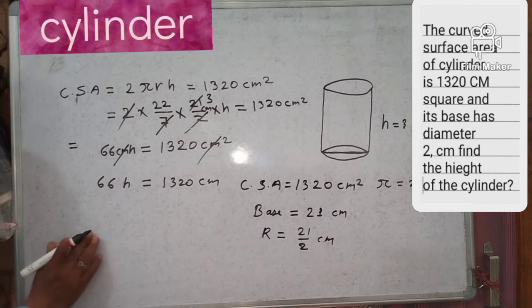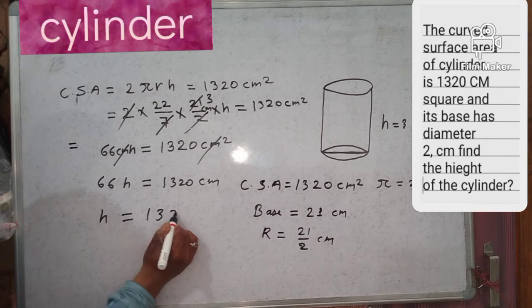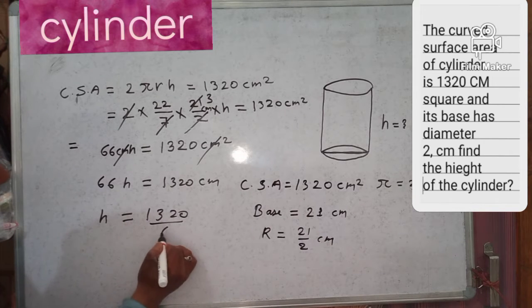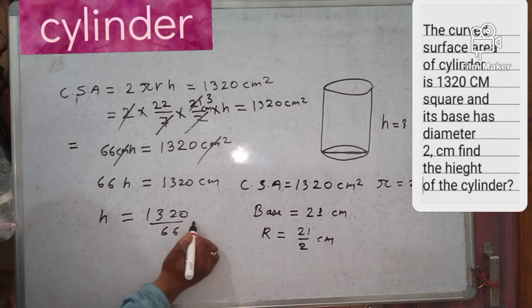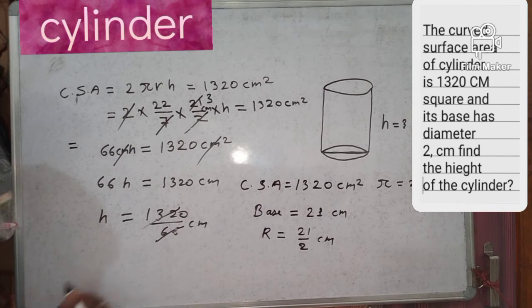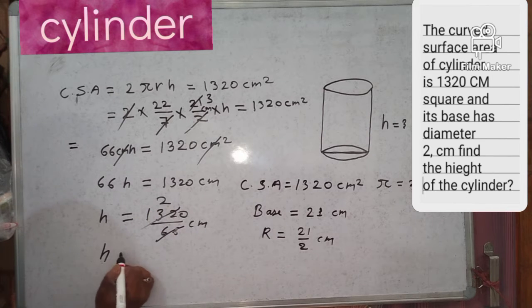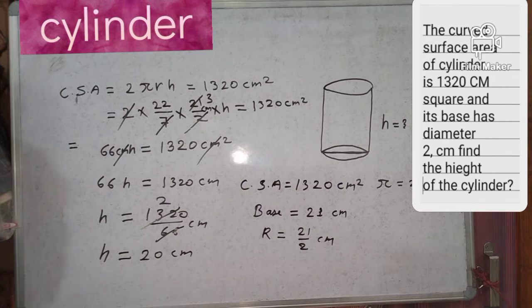Okay, so now see here, h is equal to 1320 by 66 centimeter. So it will be 20, since 2 times 66 is 132. So h is equal to 20 centimeter. So our answer is height is equal to 20 centimeter.